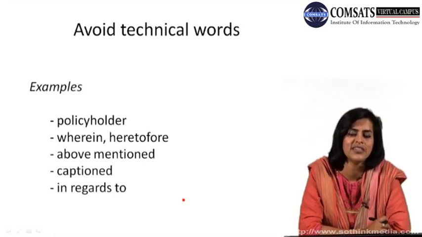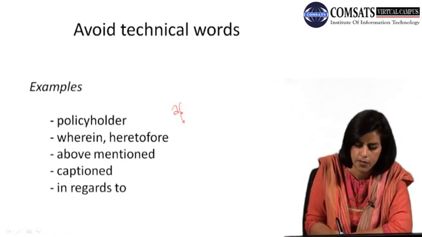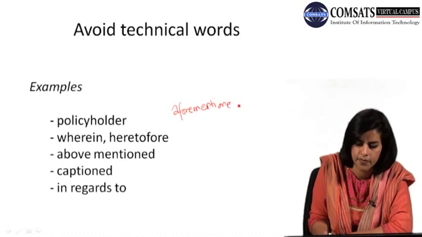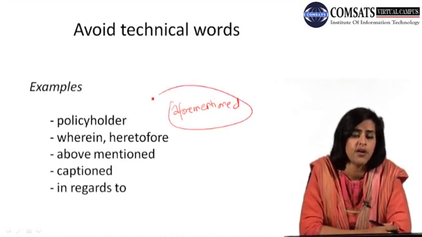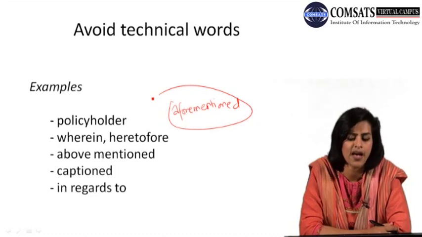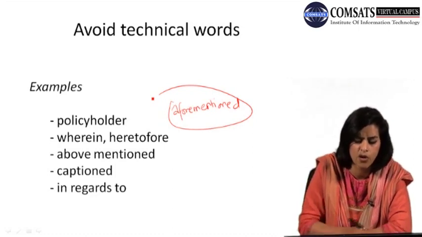I was reading one letter, and there was a word. I am writing it down for you: aforementioned. Since that was my early reading, and I was also a student like yourselves, I wondered what it meant, because it was a very long word.